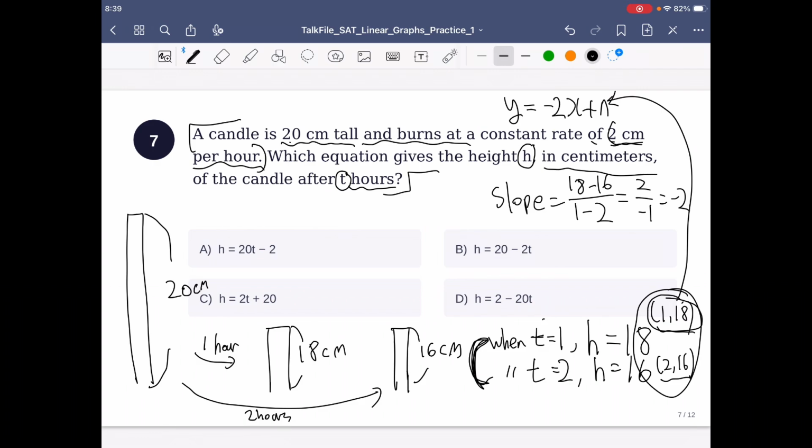That's how you get n equals 20. So minus 2x plus 20, or 20 minus 2x. In this case, y represents h and t represents x. So that's how you get h equals 20 minus 2t.